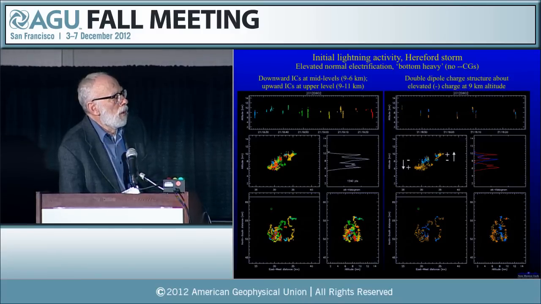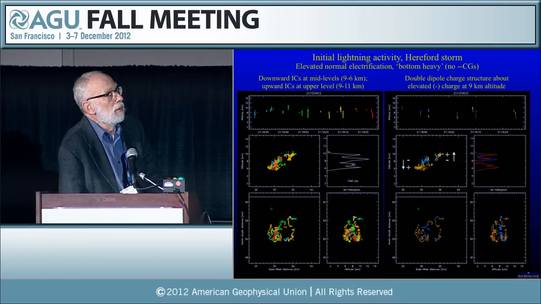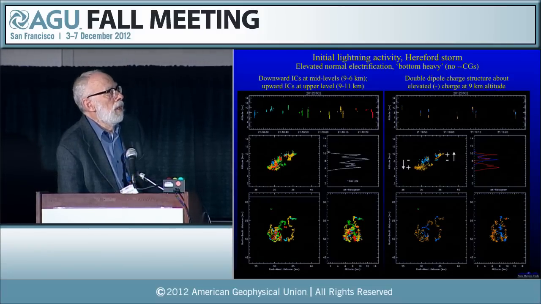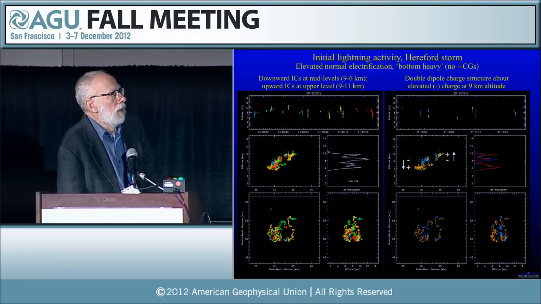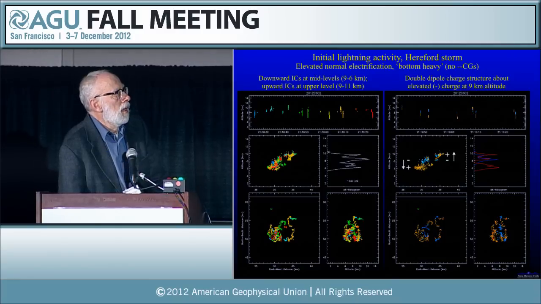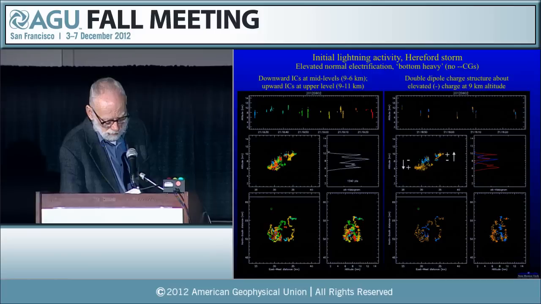So overall, this storm actually had a tripolar charge structure, three charge regions. It consists of really a double dipole, in which the negative charge regions overlap in the middle.